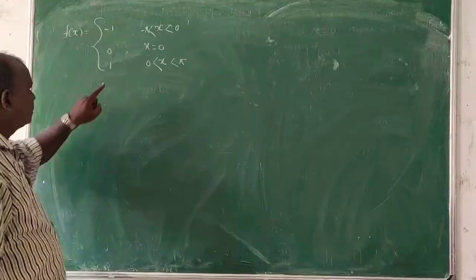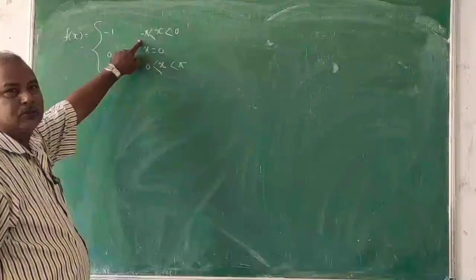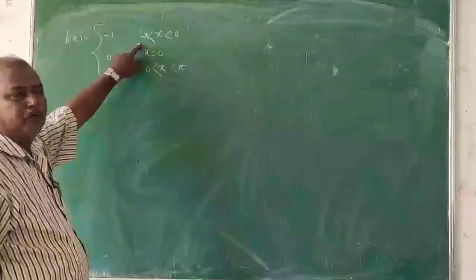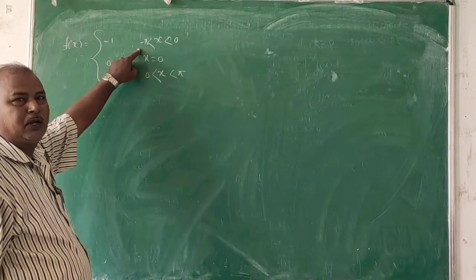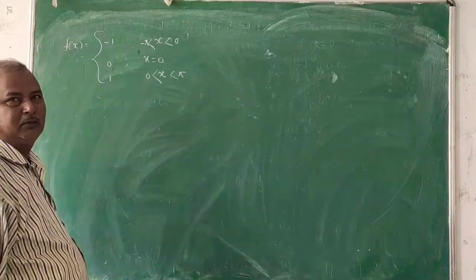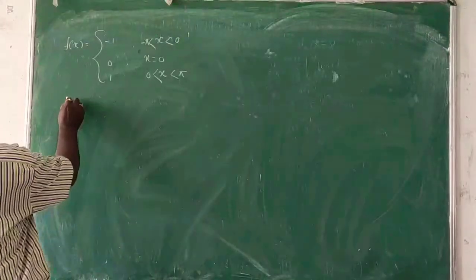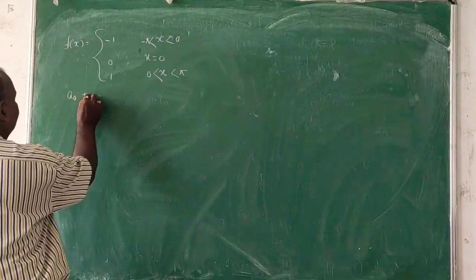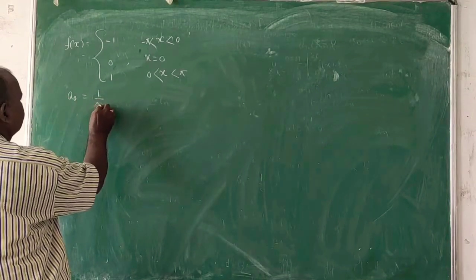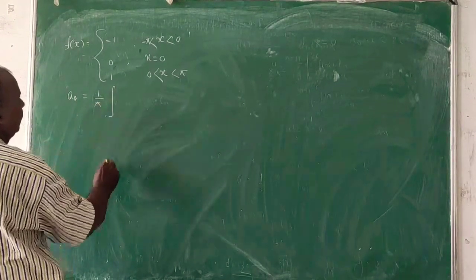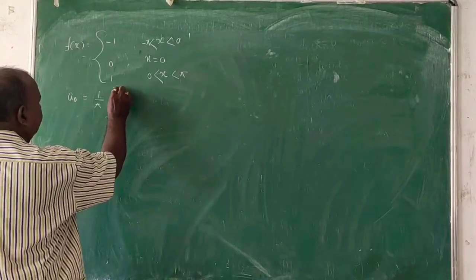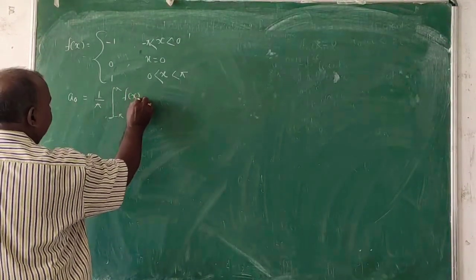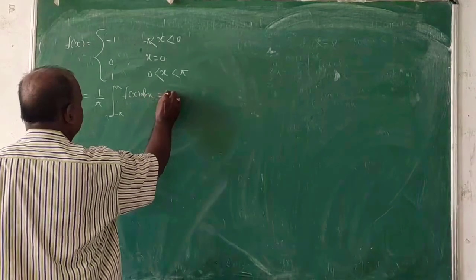Now you look at this, here the range is minus pi to plus pi. So the formula which I told in the range minus pi to plus pi is applicable here. So the value of a0 is 1 by pi into the integration from minus pi to plus pi of f of x dx.